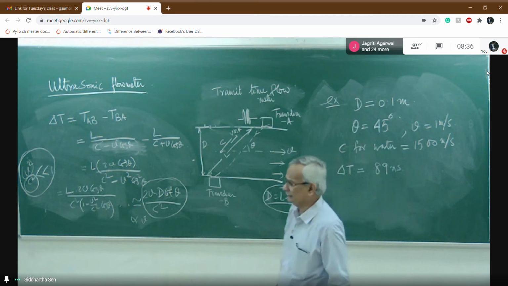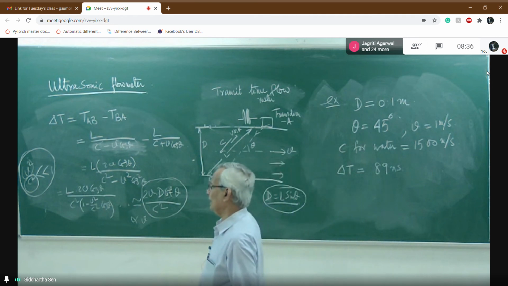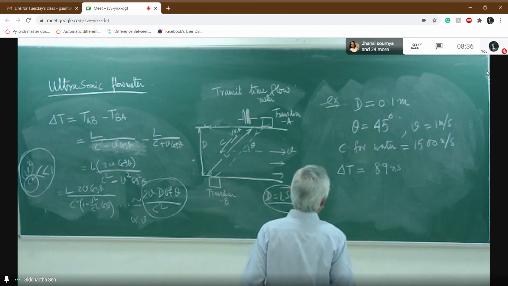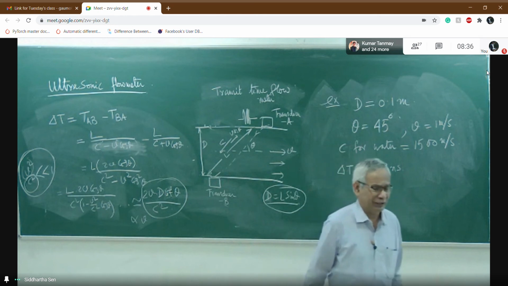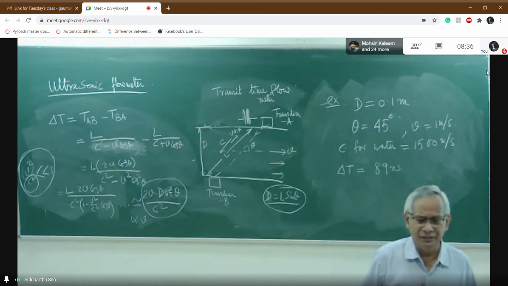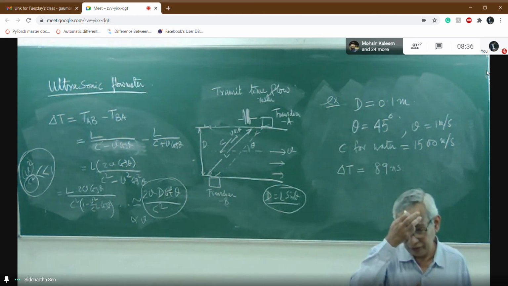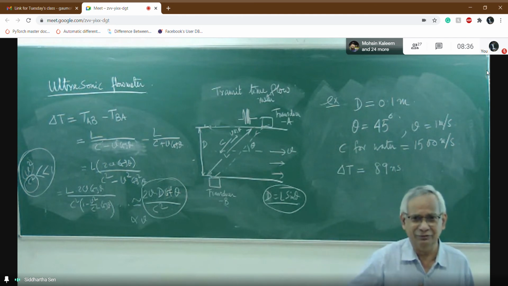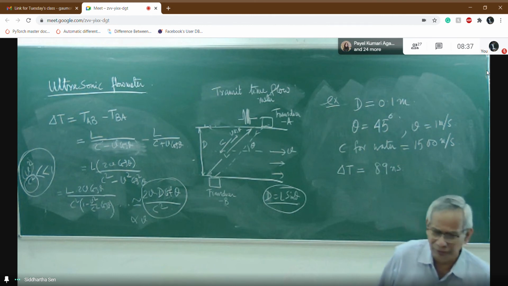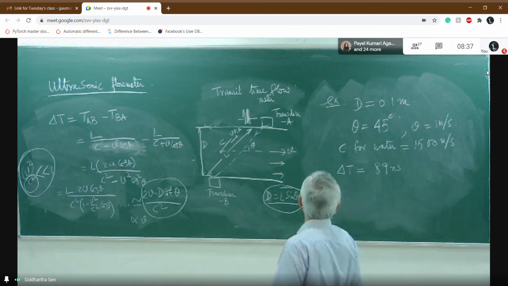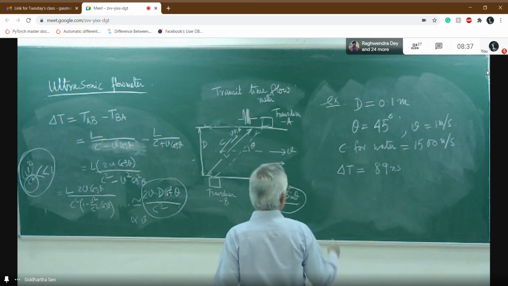Just imagine, it is 89 nanosecond. This time difference we will have to measure accurately. So naturally, you can imagine that measurement of time difference is required to that level of resolution and also to that level of accuracy, because this time measurement is really difficult.